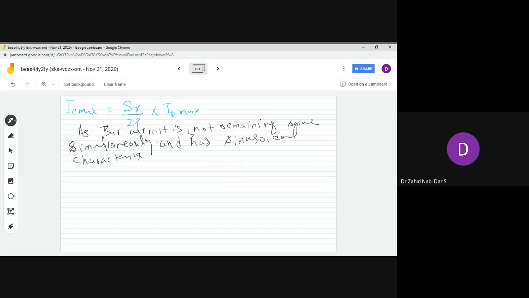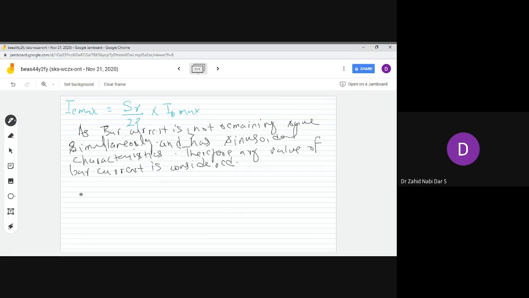Therefore, the average value of the bar current is considered. So the average value of the bar current is considered.